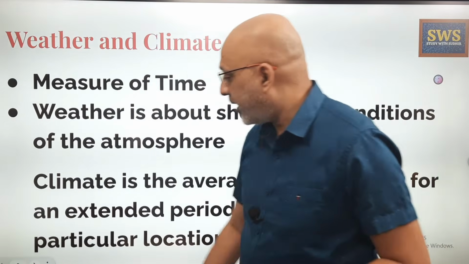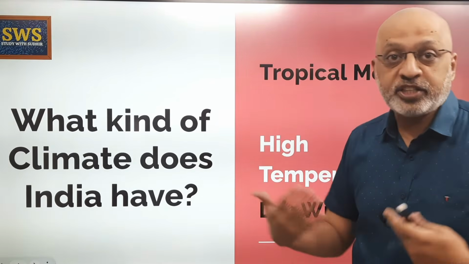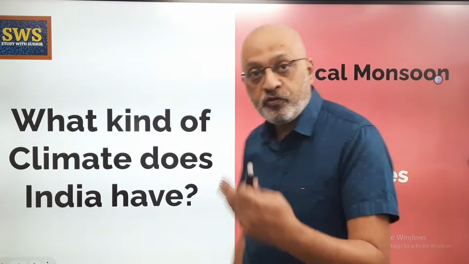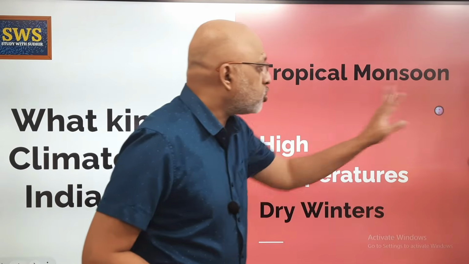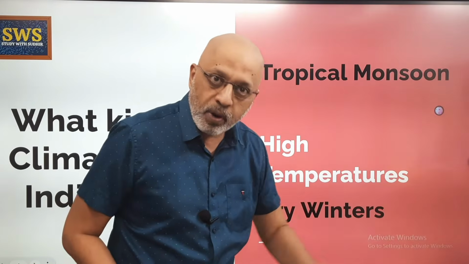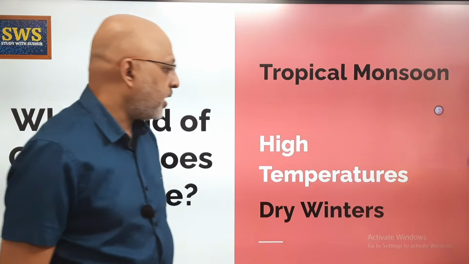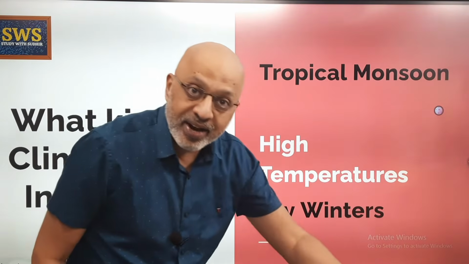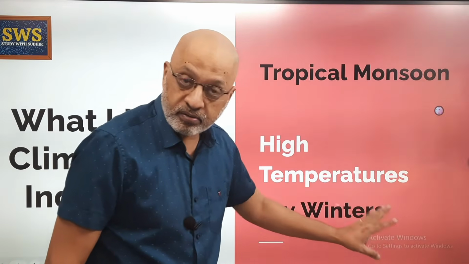Now, the question arises, what kind of climate does India have? And that's what our chapter essentially will focus on. India's climate essentially is a tropical monsoon kind of climate. So if you get a 1-mark question on what kind of climate, it is a tropical monsoon kind of climate, which is characterized by high temperatures and dry winters, right?